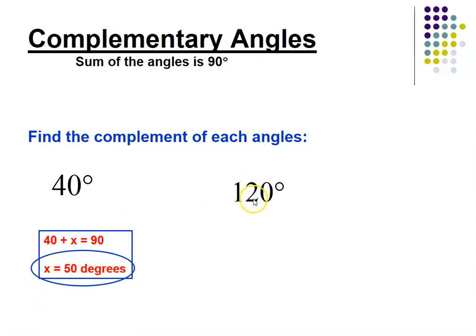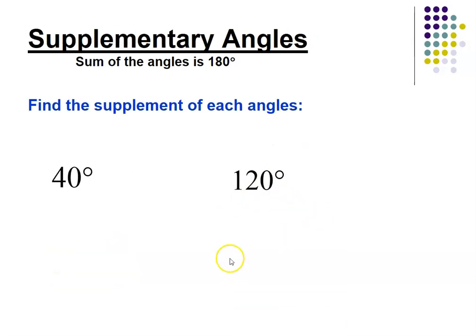How about the second one, 120 degrees? Do you think this value has a complementary angle? The answer is no. Why? Because the sum of two complementary angles is only 90 degrees, but the given is 120. Therefore, there is no complementary angle.